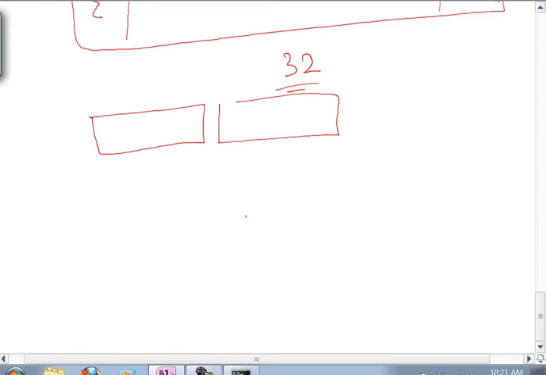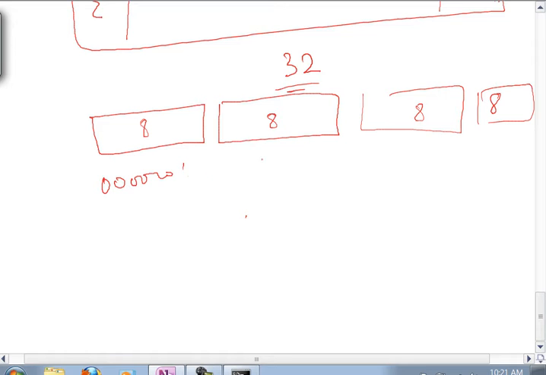1, 2, 3, and 4. Right? 8 bits each. 8 bits here, 8 bits here, 8 bits here, 8 bits here. You can represent it in binary, like 0, 0, 0, 0, 0, whatever, 1 through 8 bits. Then the next 8 bits go here. Basically, the computer takes it as a single 32 bits, but for our ease we divide it into octets.